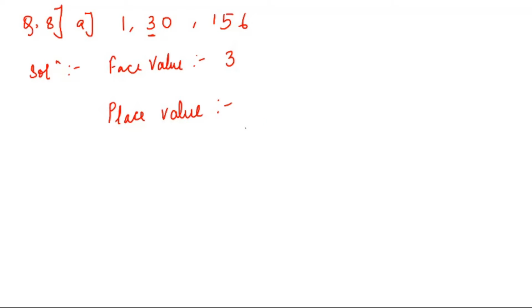So it will be written as 3 multiplied by 1000, which is 3000. This is the place value of the given number.